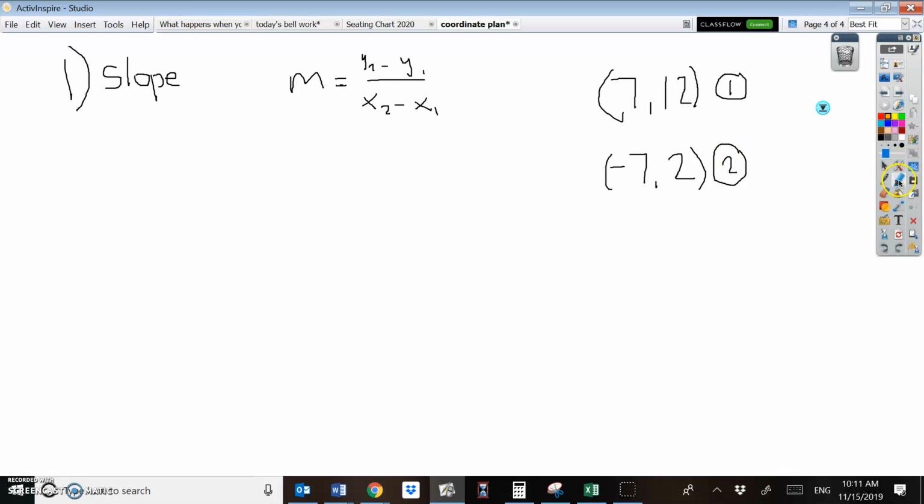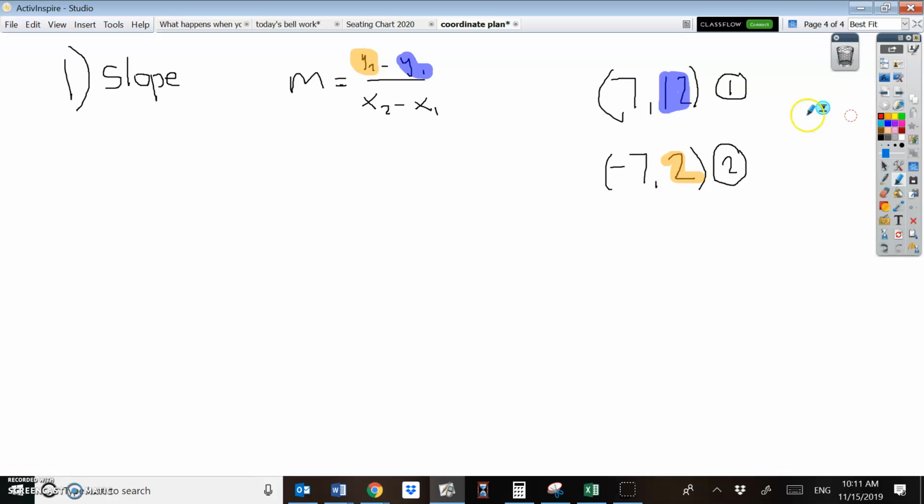Let's do some highlighting here. y2 is in orange. This is the y value from the second ordered pair. Change colors to blue. This is y1. This is the y value from the first ordered pair.